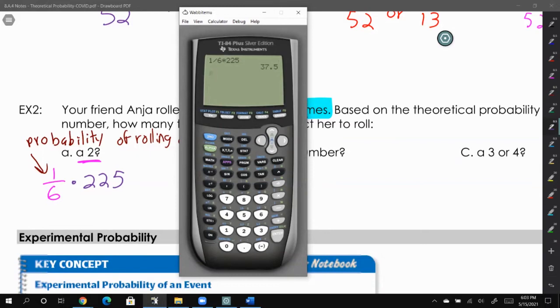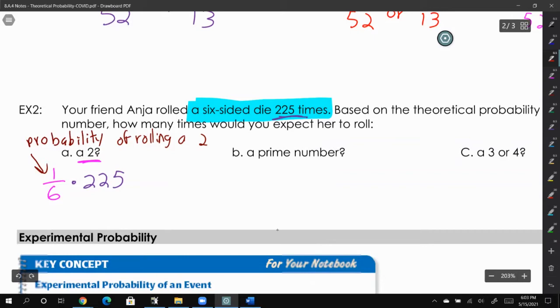So that's 37.5 times. So we would expect 37 to 38 times, and we can round up to 38. So about 38 times. Because you can't roll a 2 37 and a half times when you're rolling the dice.